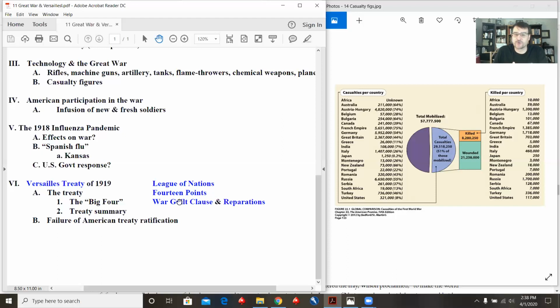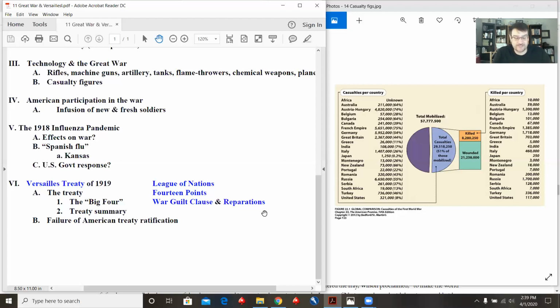So things like the war guilt clause, Germany was forced to accept blame for the war. Now, were they to blame? Not really. They accept blame for it. And since Germany was to blame for World War I, they had to pay for the war. They were forced to pay reparations, billions and billions of dollars, pay for the cost of the war.